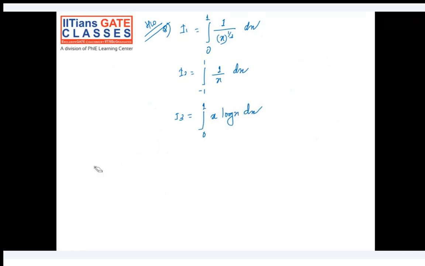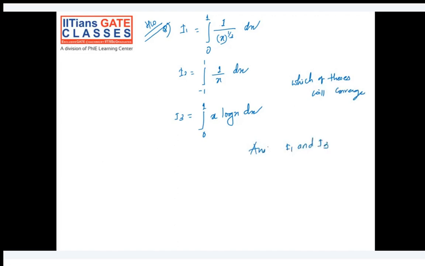Options are, which of them is finite, or converging? Which of these will converge? The answer here is I1 and I3 will converge.